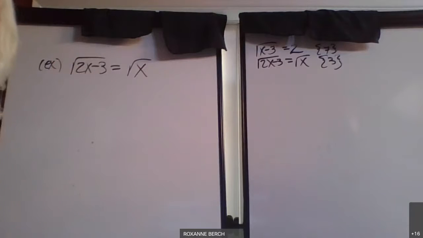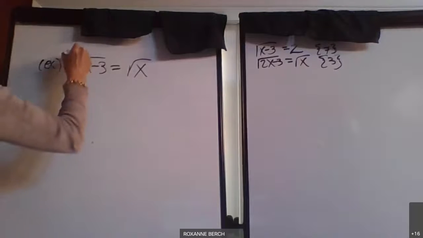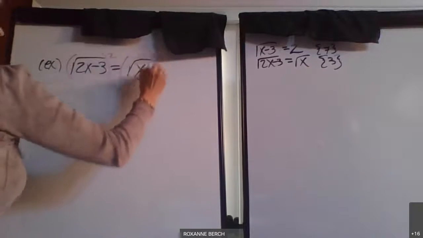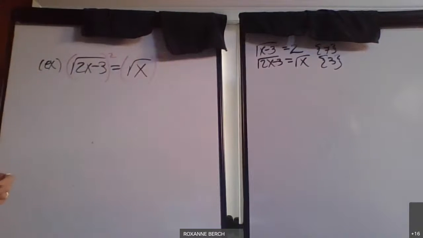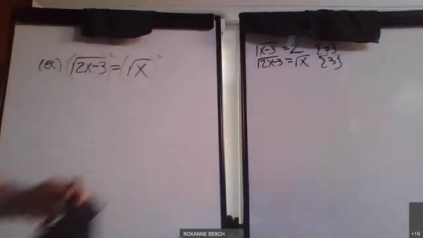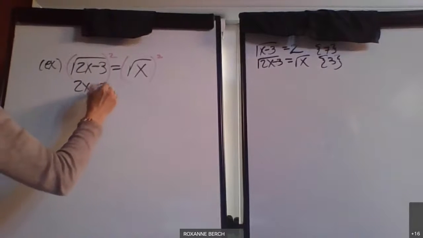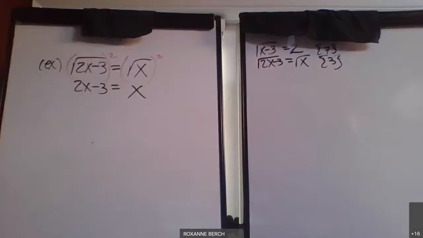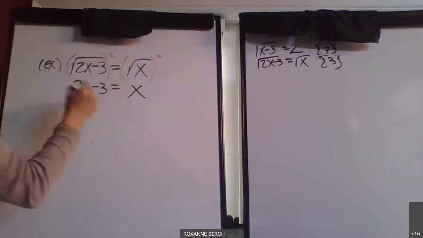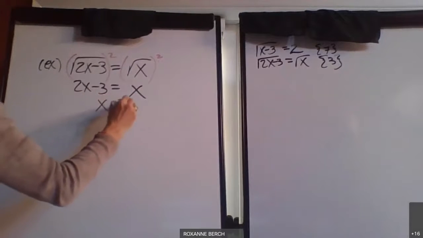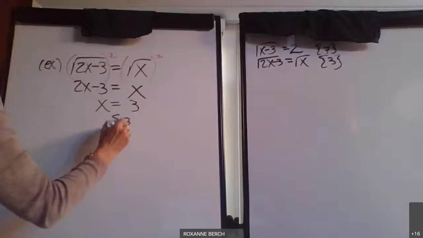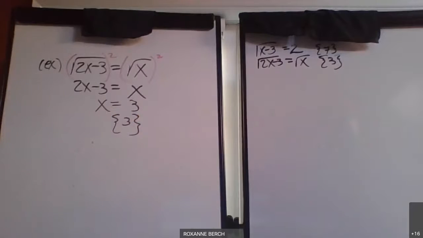And after you do that, you're going to square both sides. That means you have to check for extraneous solutions. So squaring does a square root, so you have 2x minus 3 equals x. If you subtract x, you get an x. If you add 3, you get a 3. So we're getting a solution of 3.